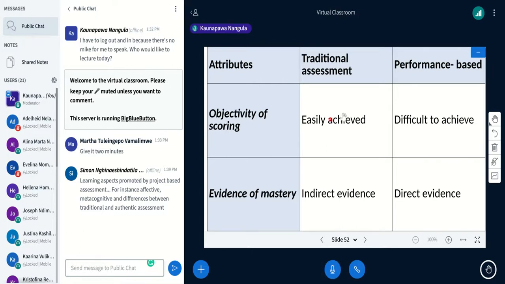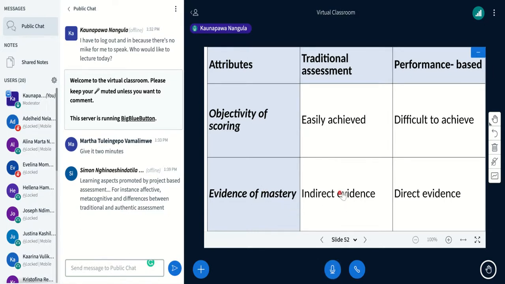There aren't multiple answers to questions, which is what happens in performance-based assessment. That's why they say objectivity is quite difficult to achieve there, because learners give their own answers, their own reflection, they tap into their prior knowledge and bring that to their answers.